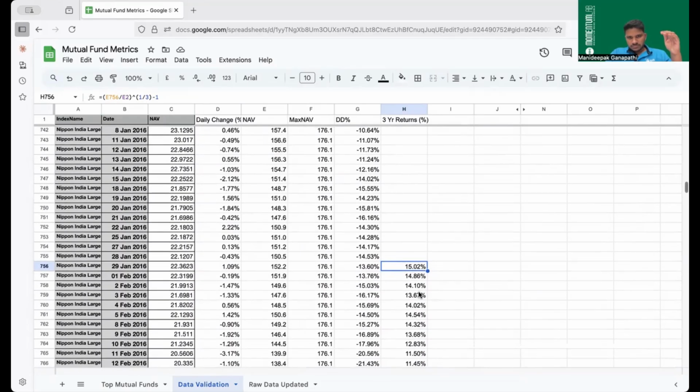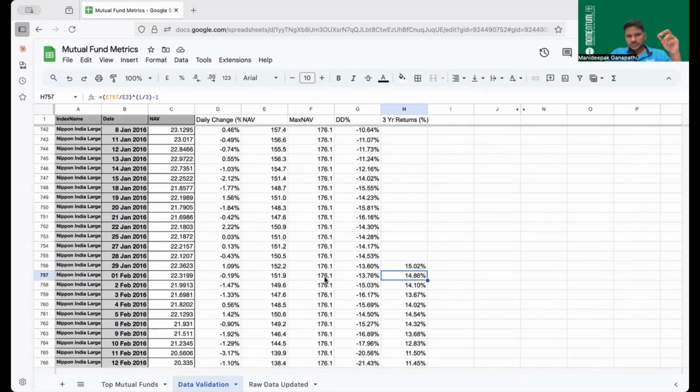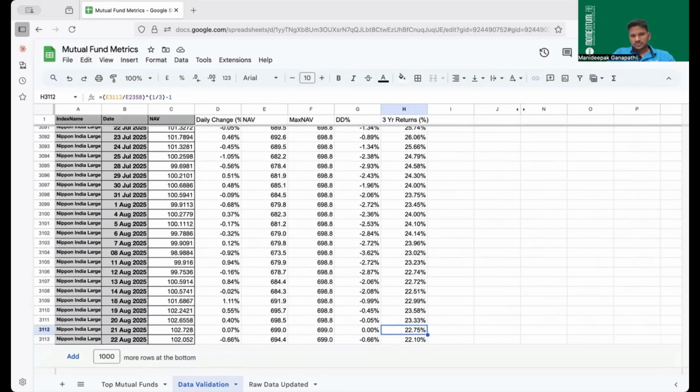Now, as you move forward, what you're trying to do here is calculate for each day: if you measure the 3-year CAGR, what would that number be? This is how the numbers look, and you go up until 22nd August 2025 to calculate this CAGR number. If you are looking at a 3-year return or a 3-year CAGR number now for this fund, it would be 22.1%. But what I'm trying to say here is don't just look at this number.